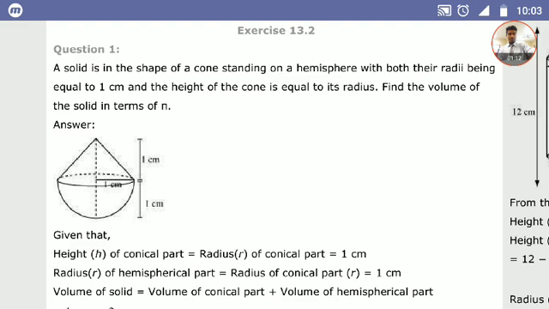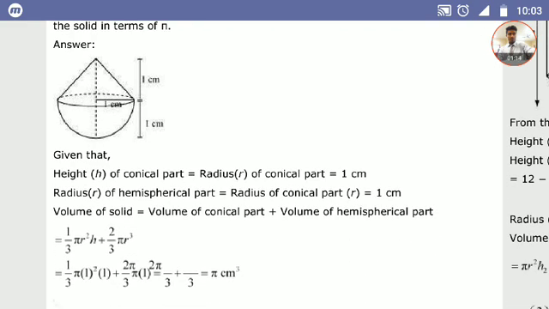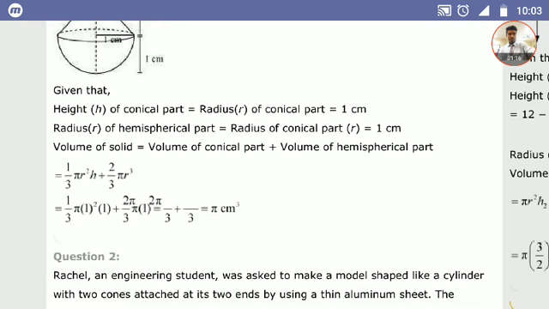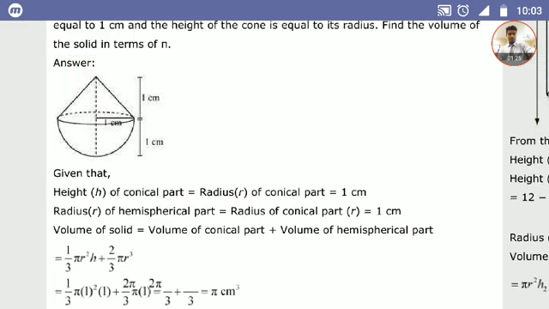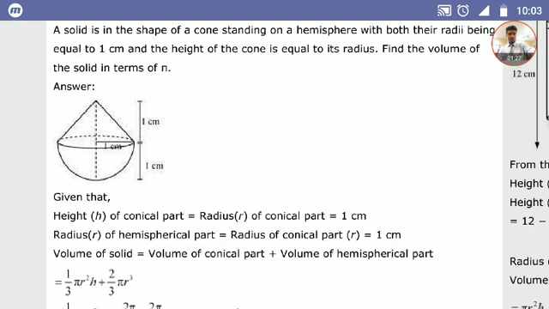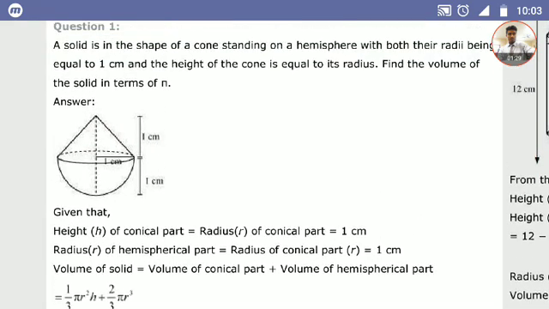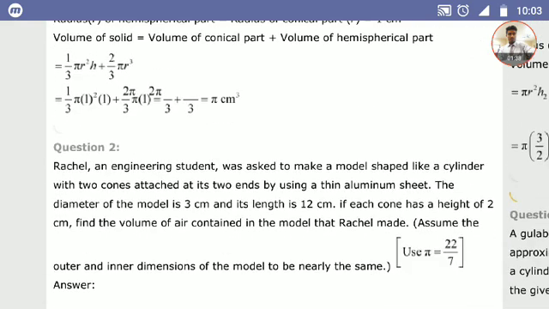So this formula you have to use, and you know what r and h are here, so simply put in the formula and get the answer as pi. Substitute the value of pi as 22 by 7 if given in the question. Since they have told you to find the volume in terms of pi, you leave the answer in terms of pi.